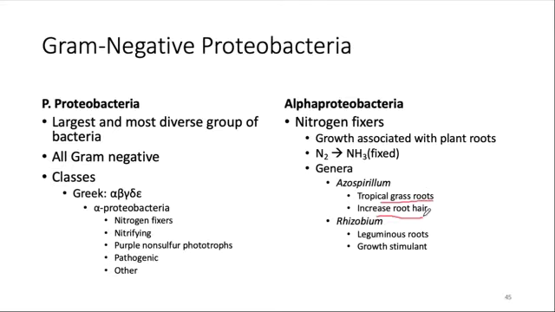And then you have Rhizobium, which is also associated with leguminous roots. So if you look at plants such as soya beans and lentils, they help in stimulating their growth because they fix nitrogen for them in the form of ammonia.